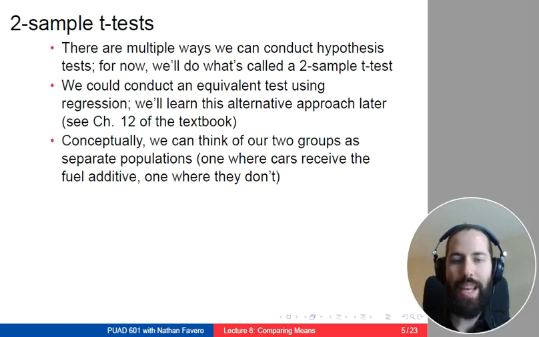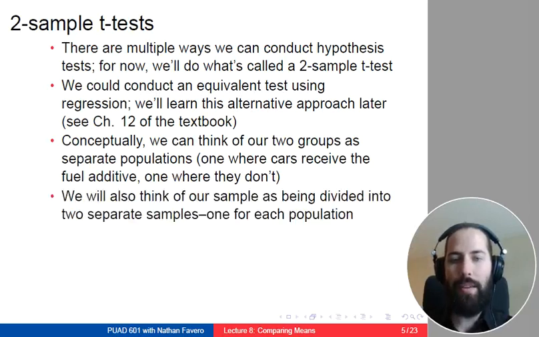This is one of those cases where it's a little bit difficult to conceptualize exactly what the population is. It's actually a hypothetical population, as opposed to pollsters who often have a very concrete population in mind. So we're thinking about two hypothetical populations: one population where all cars receive the fuel additive and one population where all cars don't receive the fuel additive.